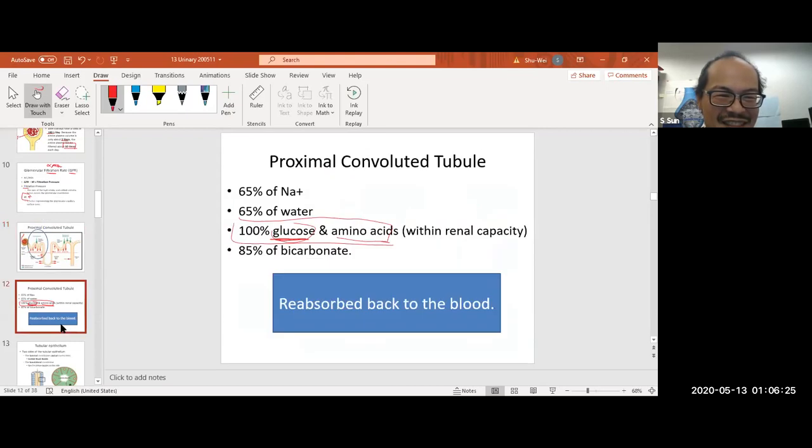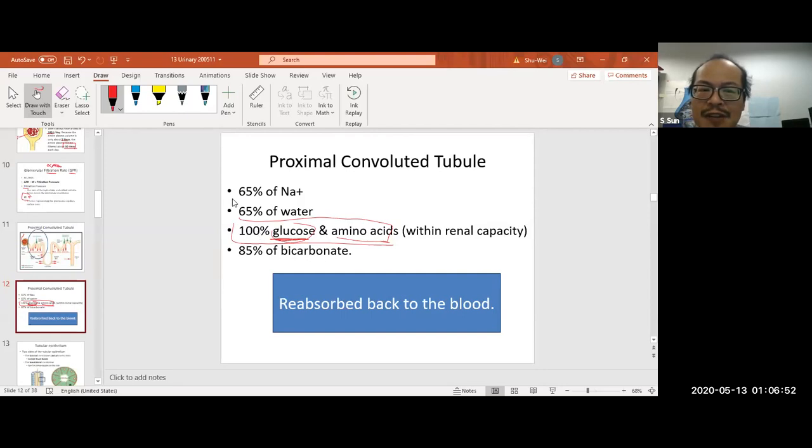All right, so this proximal convoluted tubule reabsorbs 100% of glucose and amino acids. Those are essential, something we pay for, so we want to reabsorb them back to our body. The other things are salt, 65%. If you eat more, you reabsorb more; if you eat less, you reabsorb less.